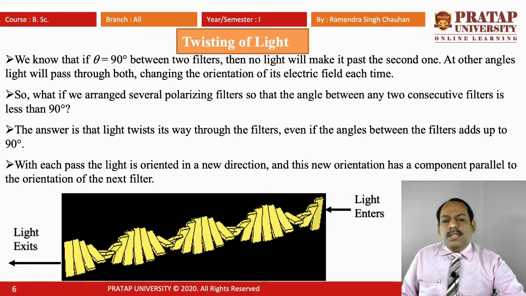So we can see in this diagram that light enters here, and there are various filters, and because of these filters, the light will pass through, changing its orientation of electric vector, and at this point it will exit. So this is clear, we can see what is happening because of the number of filters.